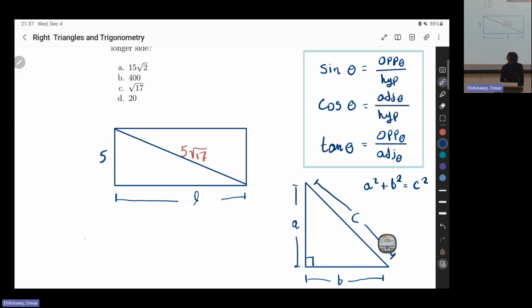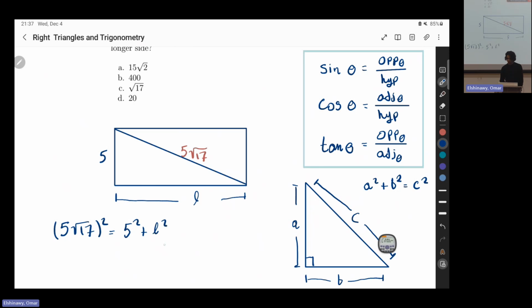So 5 radical 17 squared equals 5 squared plus L squared. We don't want the hypotenuse as the unknown. If you want to get 5 square root of 17, it's equal to what? 5 squared plus L squared.